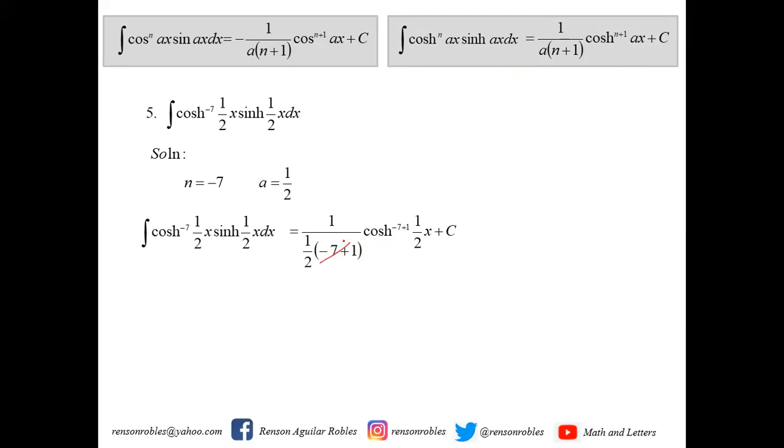So this is negative 6 times 1/2, that's negative 3. So we have negative 1/3 hyperbolic cosine raised to negative 6, then you copy 1/2 x, and then you add c, and you got this. That's negative 1/3 hyperbolic cosine raised to negative 6 of 1/2 x plus c.